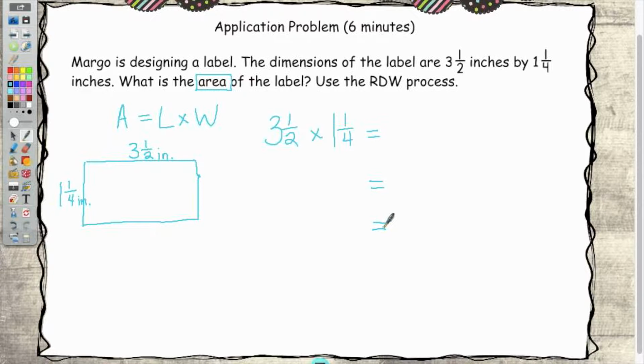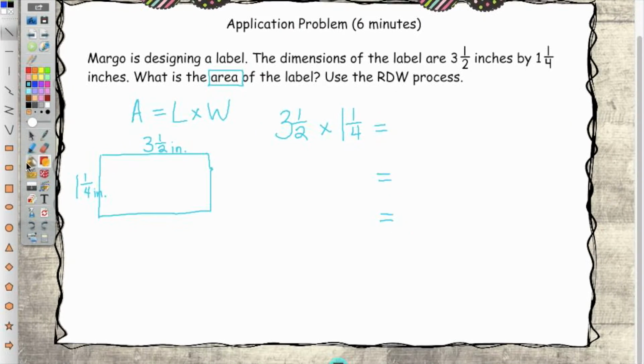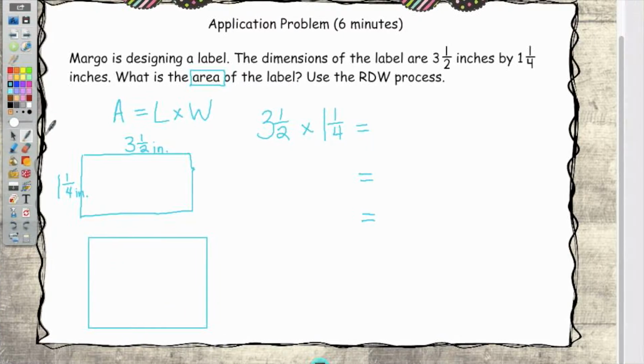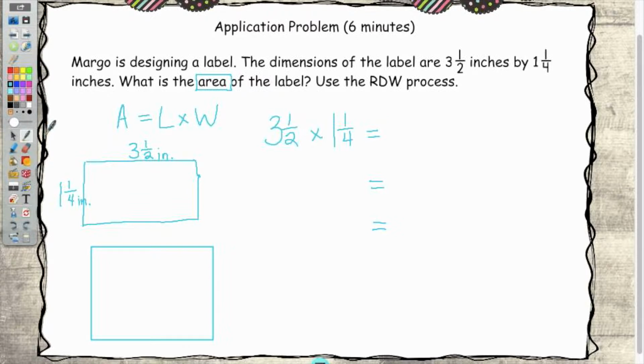And we've been solving these on an area model. That's what we've been doing. So hopefully, underneath here, you have room to make yourself an area model. So go ahead and make another rectangle. I'm making mine a little larger so that I can show my fractions on there, okay? So I always start with a fraction.